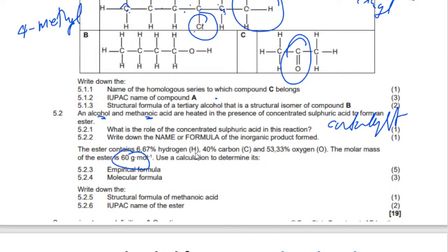The elements are carbon, hydrogen, and oxygen. And then you need to know the mass of each they have given you.